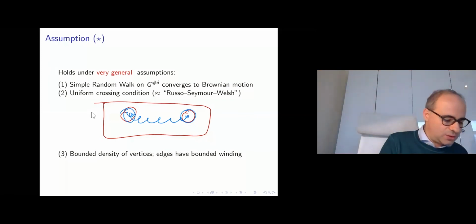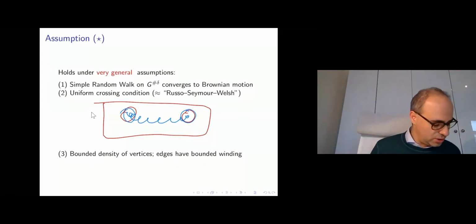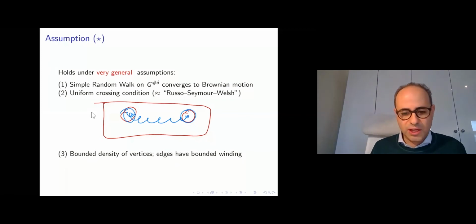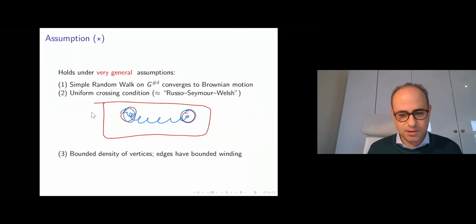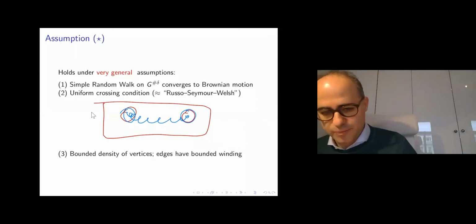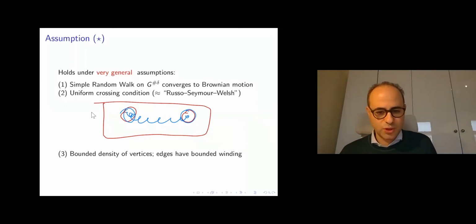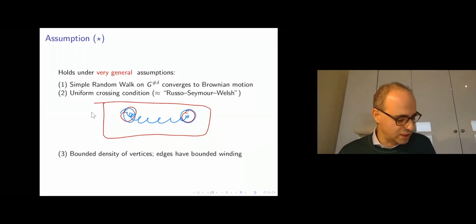And finally, the third assumption, which is technical, says simply that in any given region of space, the overall density of vertices is bounded. So there's not too much overcrowding of vertices, and also the edges.